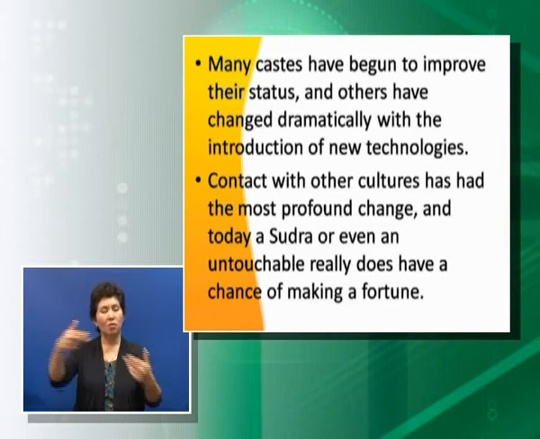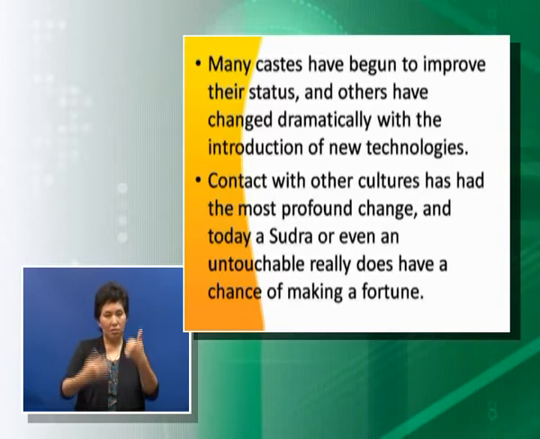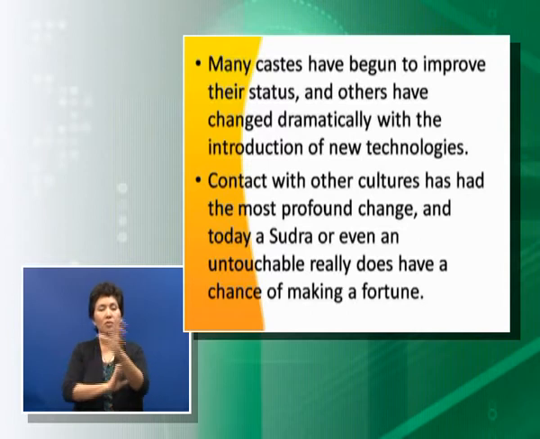Contact with other cultures has made the most profound change, and today, even a Sudra or even the untouchable group, the Harijan, really does have a chance to change their future.